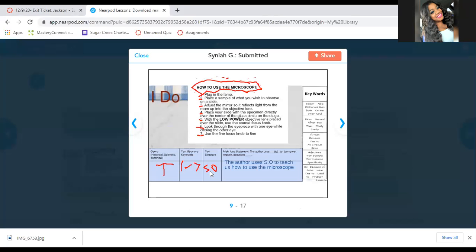Sanaya G, wonderful job as well. If you're on Zoom and you're looking, she boxed the title as well, did underline her steps. Main idea statement, wonderful job.